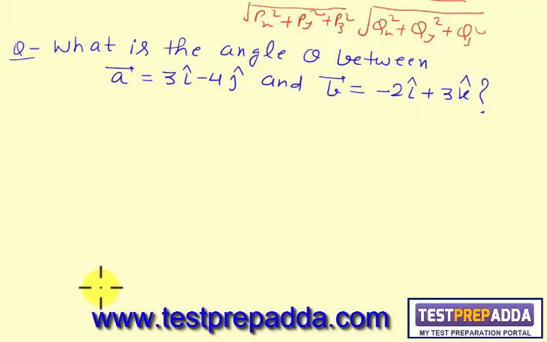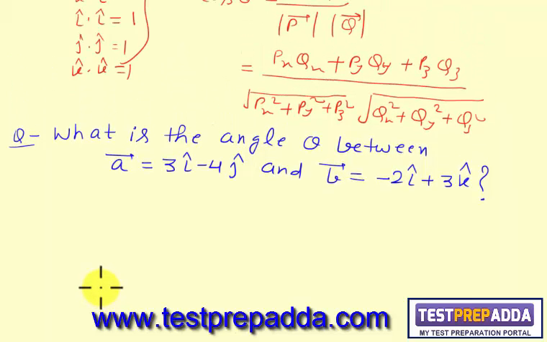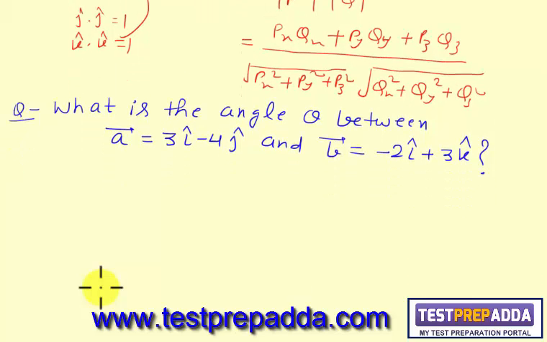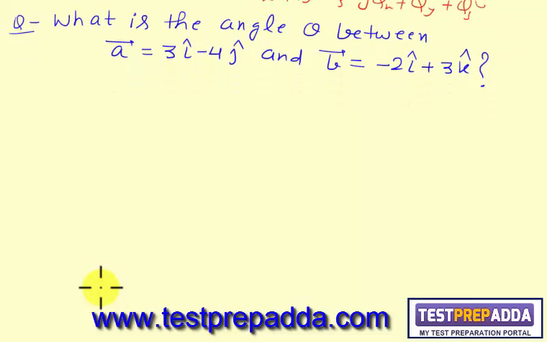So what will you do? Just we found the answer, cos theta in terms of vectors. So here, first find the magnitude of A. That will be root of 3 square, that is 9, plus minus 4 square, that is 16.